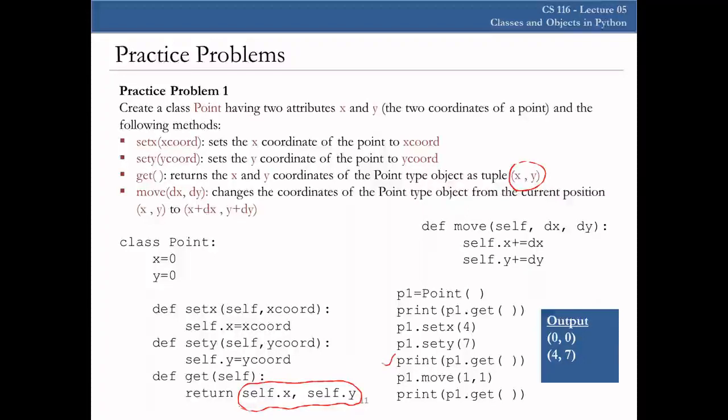Now the second last statement, move 1 1, we know what it will do. It will just change the position of the point, so it will add 1 to the x coordinate and another 1 to the y coordinate. So it should print 5 7. The last print statement should print 5 7. So that is also correct, right? So it was a simple class, and I hope it helped you revise the class definition and method definition concepts.